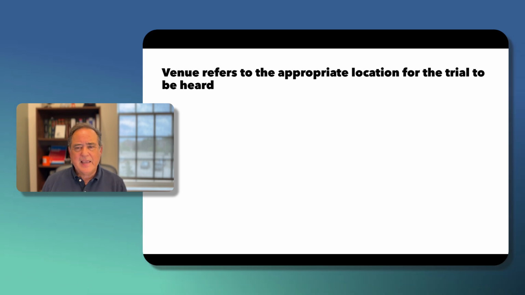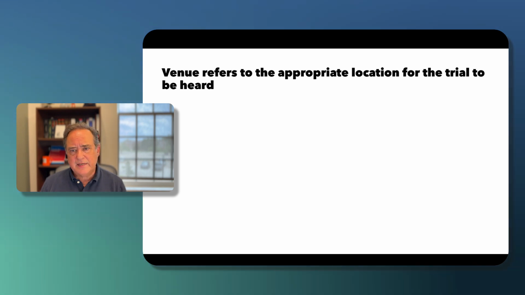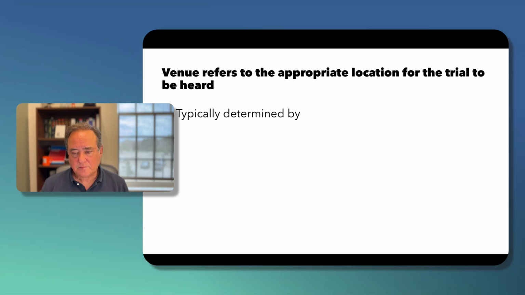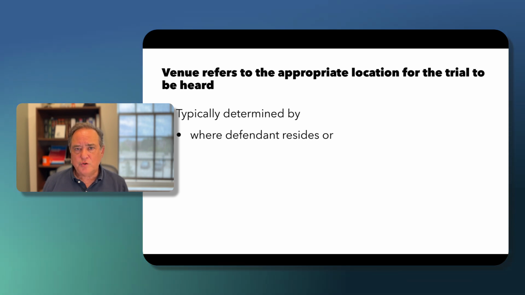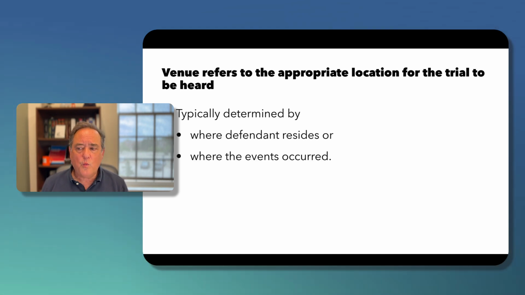So if it is a case involving state law and involves one resident of Tulsa and one resident of Oklahoma City, well, which court should hear that case? A district court in Oklahoma City or a district court in Tulsa? Now, venue is typically determined by where the defendant resides, meaning venue is going to be most proper in the district in which the defendant resides, or where the events occurred.